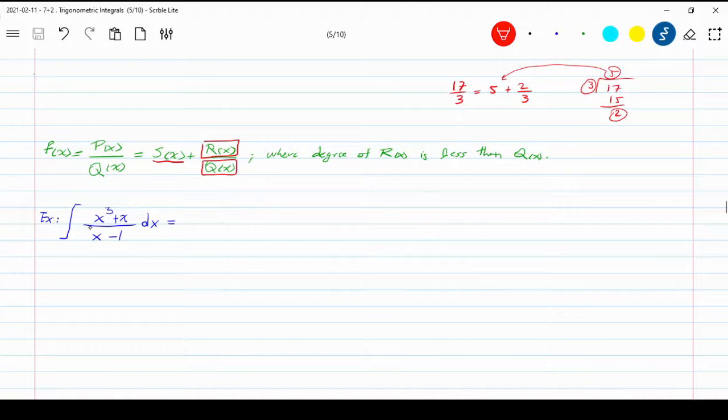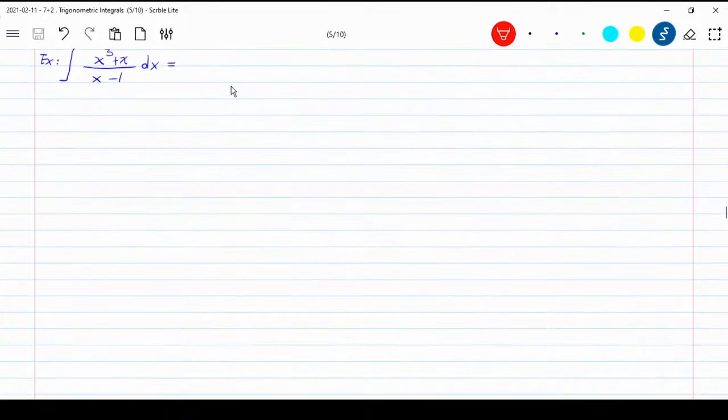So first I'll try to simplify this fraction. What do I mean by that? I'm going to leave a bit of space to come back to here. If you want to simplify the fraction, we want to write it in terms of a polynomial plus the remainder divided by x minus 1.